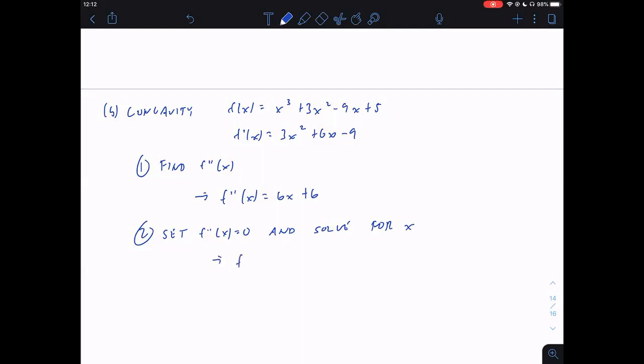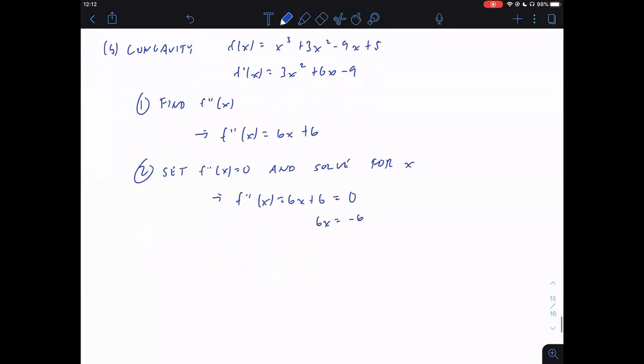All right, so our second derivative, which again, we found to be 6x plus 6. We now want to set this equal to 0 and solve for x. So using algebra, I'll just do step by step. Subtract 6 from both sides, we're going to have 6x equals negative 6.